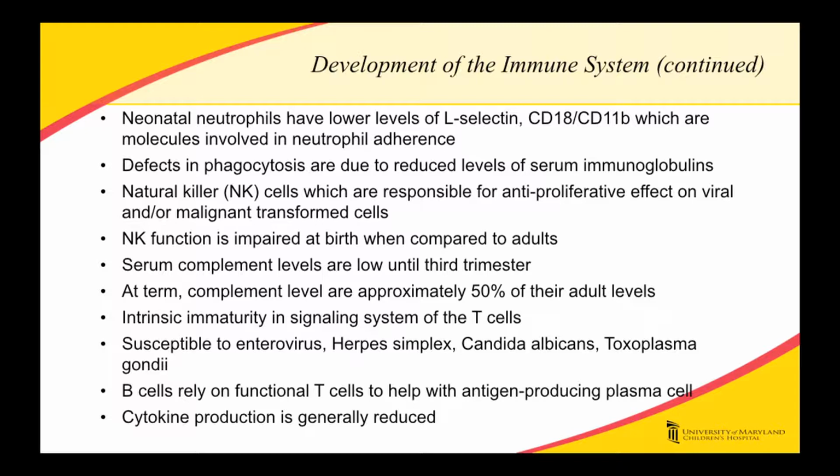Then at term, they are still approximately 50% of their adult levels. The signaling system of the T cells is also very immature, so they are very susceptible to enterovirus, herpes simplex, candida, and toxoplasma. The B cells rely on functional T cells to help them with antigen-producing plasma cells, and cytokine production is generally reduced.